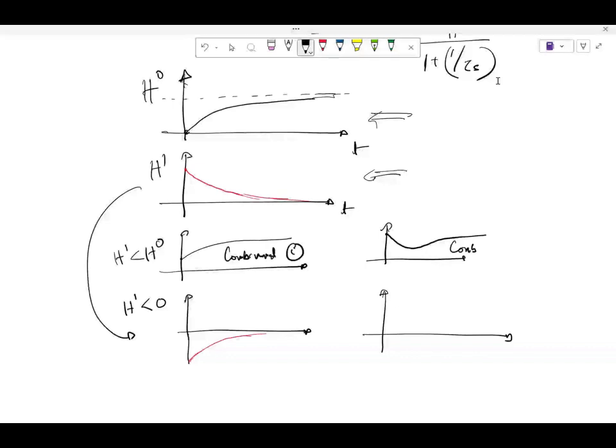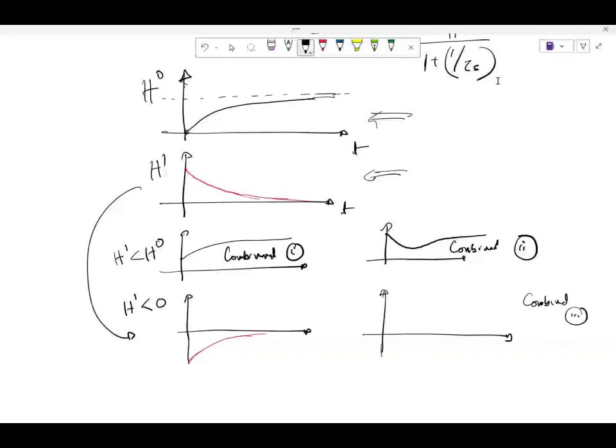This is the combined, case 2. These need not be the only two possibilities, but you can have a dip and come up and all those things, depending upon the values of H1 and H0. So now if H1 is less than 0, what will be the combined case 3?